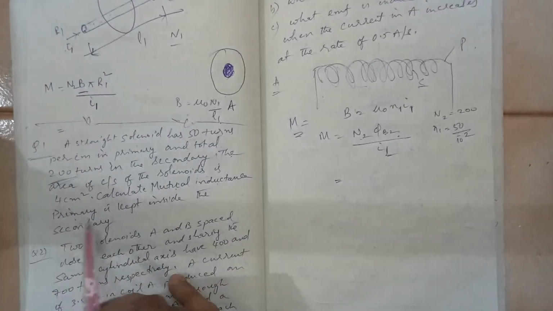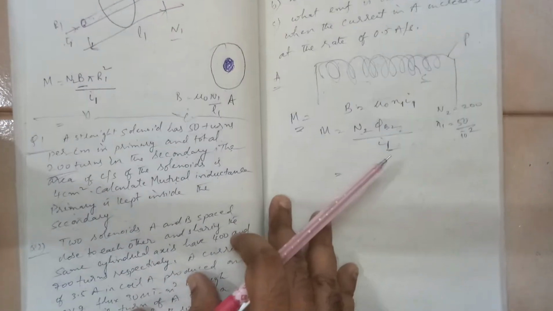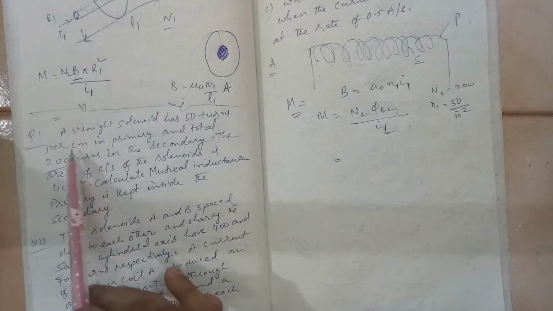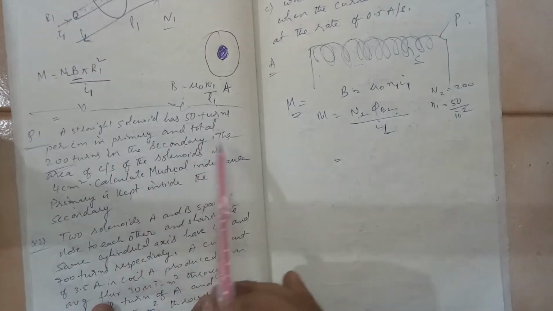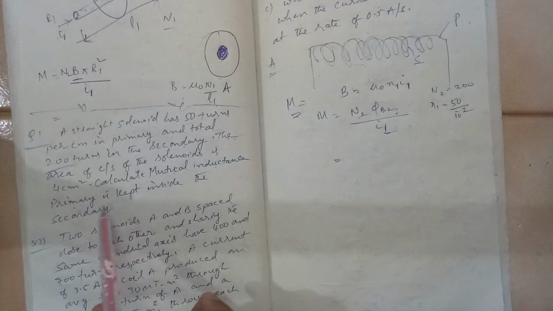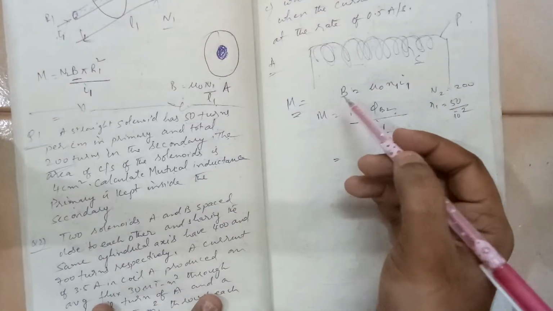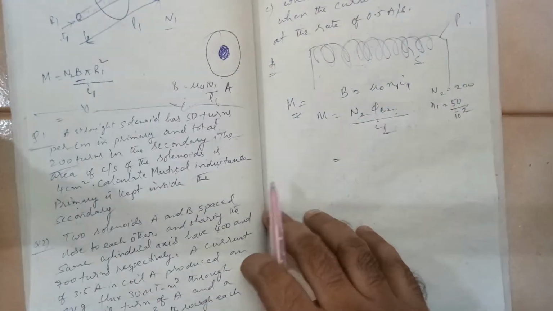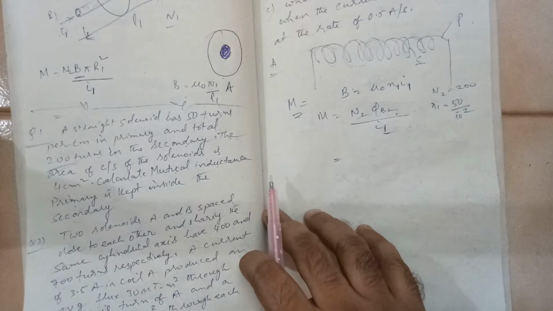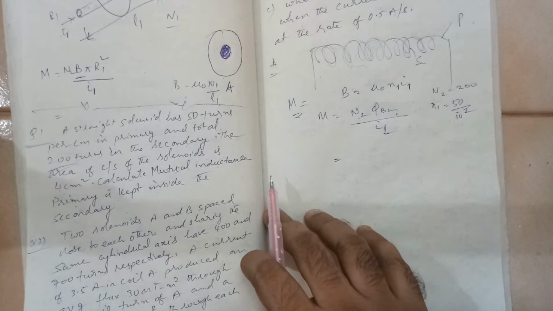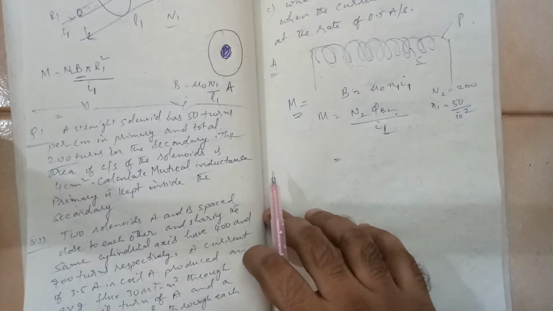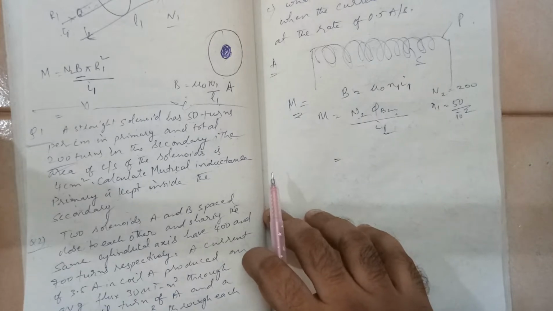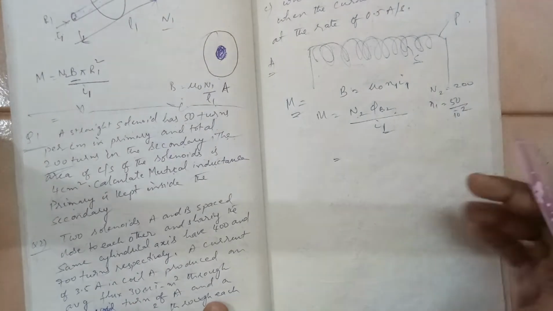Current is not given. Why is current not given? If you remember the derivation, the current was getting cancelled out.